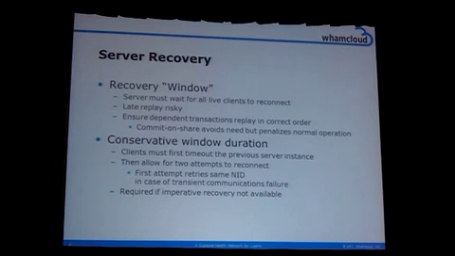Now, in order to perform transaction replay safely, you have to wait for all the clients to be ready. You have to allow all of the clients to connect to the server and participate in replay so that you can replay the transactions in the correct order.